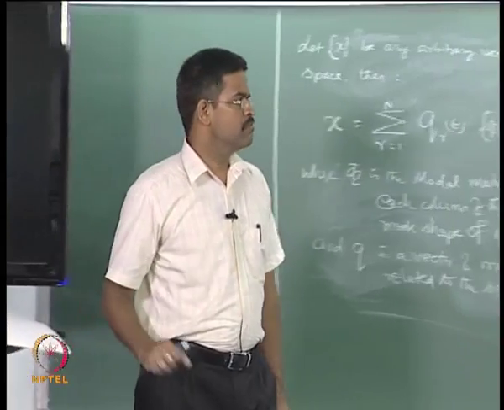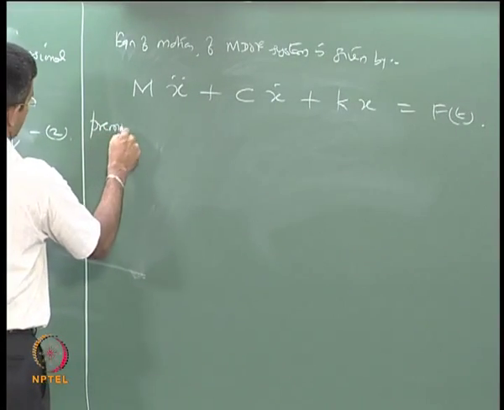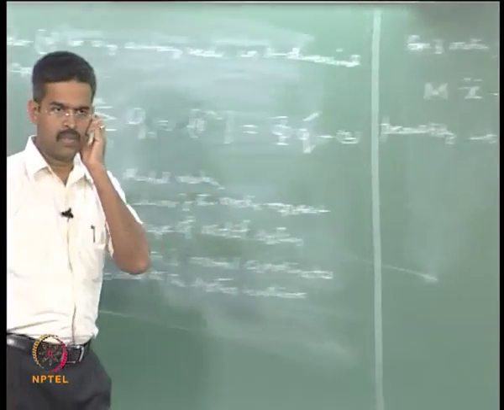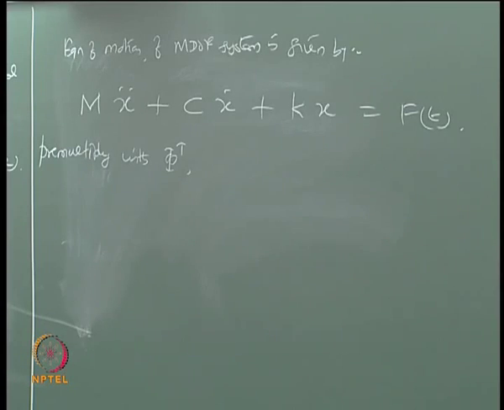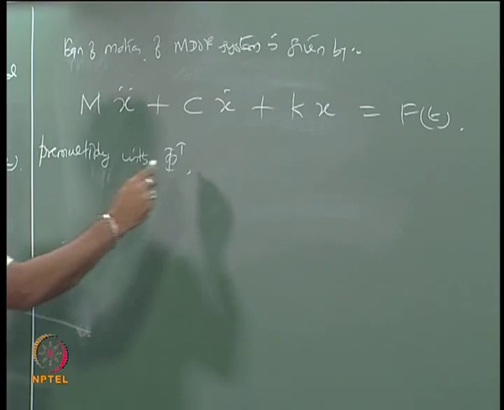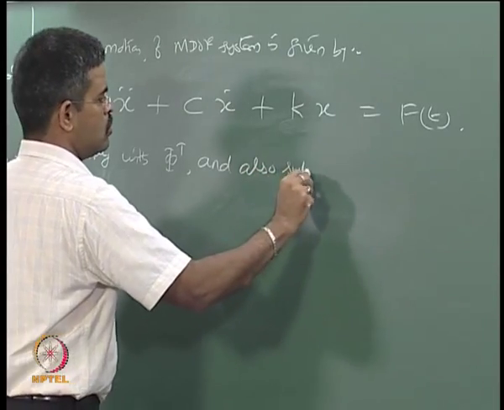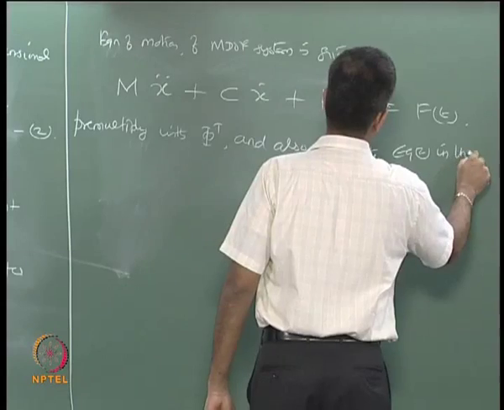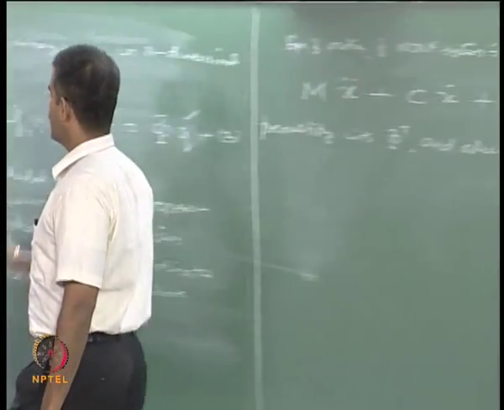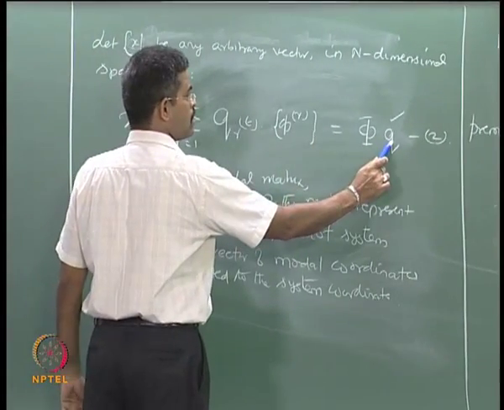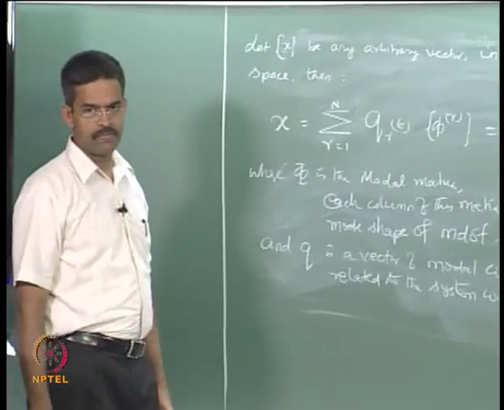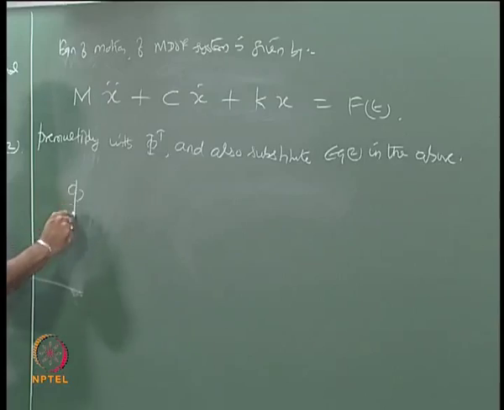I pre multiply this with phi transpose, and also substitute equation 2 in the above, that is, x is the mode shape matrix multiplied by the vector q.